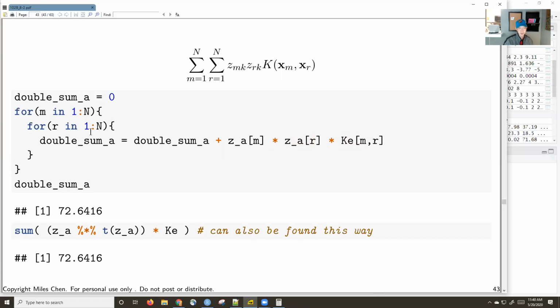I do that for r in 1 through n, and then for m in 1 through n. That's the double sum, and this is going to be the quantity here. This can also be achieved with this. You don't have to worry about this, but you can get the same value by taking the outer product of z and z.